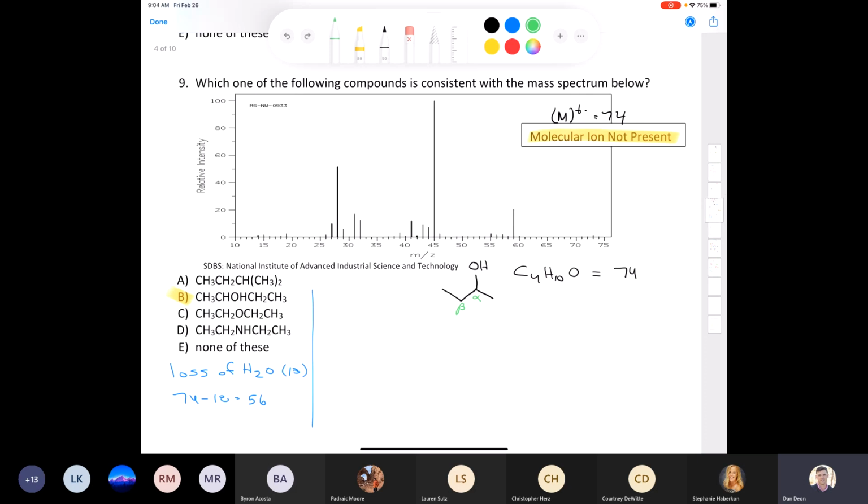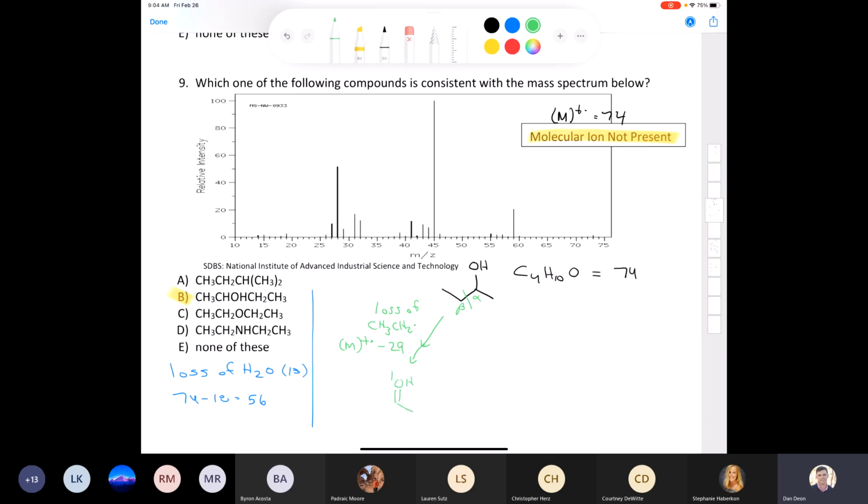So if we have alpha cleavage between the alpha carbon and the beta carbon, then we would lose CH3CH2, which is an ethyl radical. How much does an ethyl radical weigh? It would be the molecular ion subtract 29, because that's how much it weighs. And then you'd end up with this fragment here, okay?